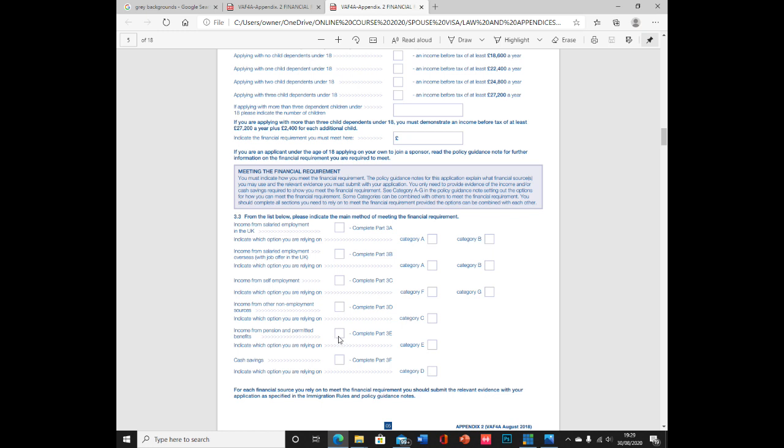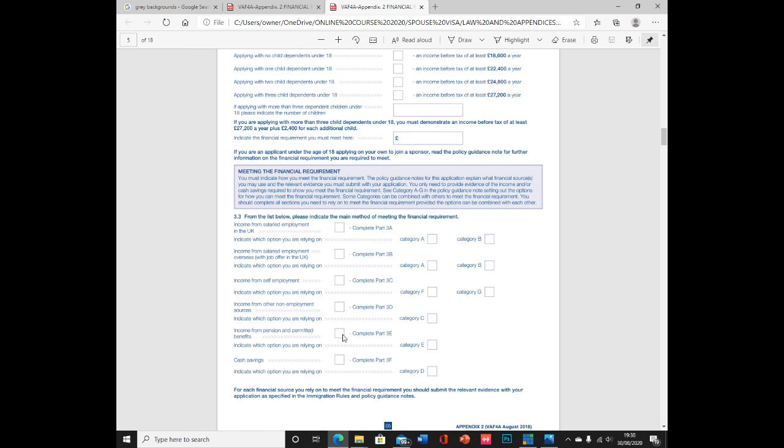Sometimes people who receive a pension, that income is also counted towards the £18,600. So it can be a combination of income. Sometimes people can receive income from their self-employment, from their pension, and from their employment.